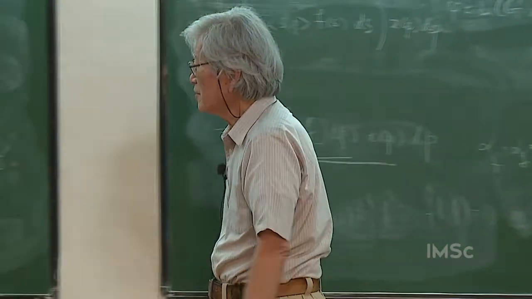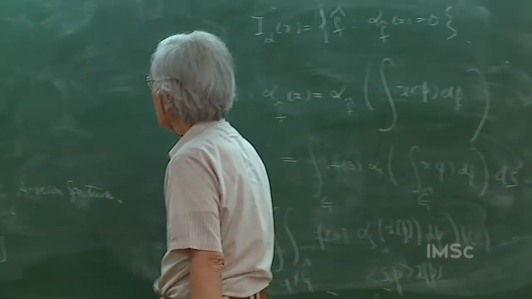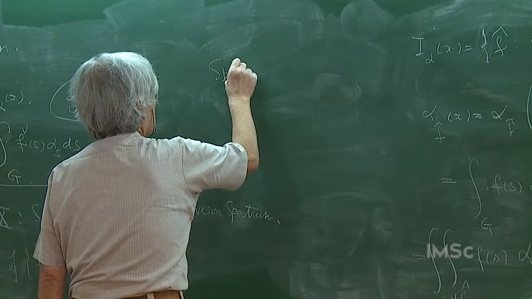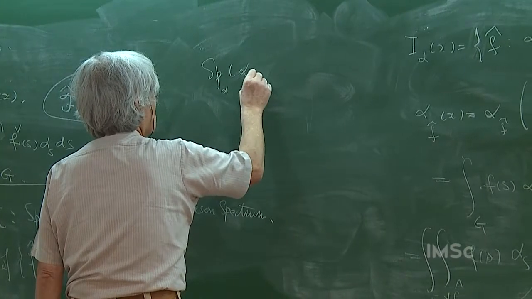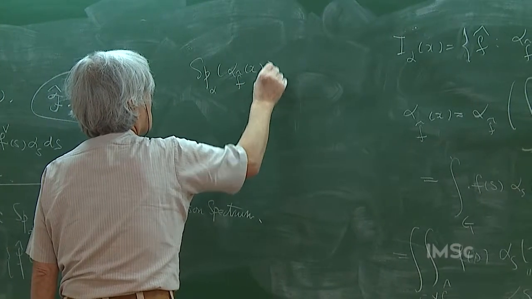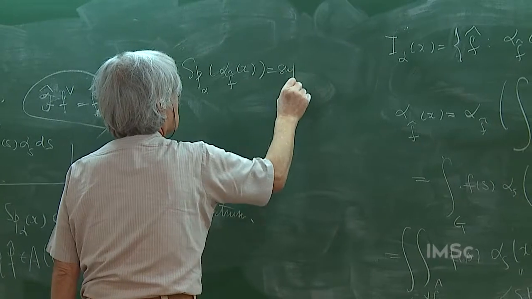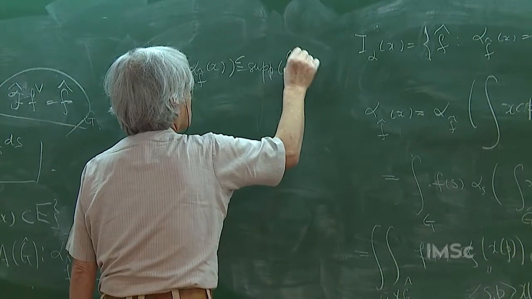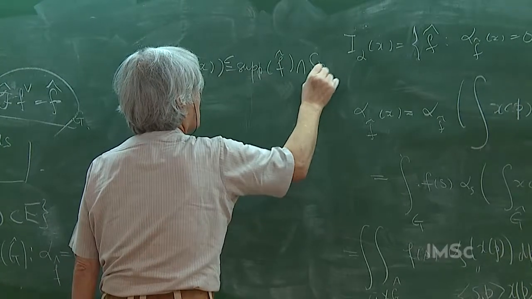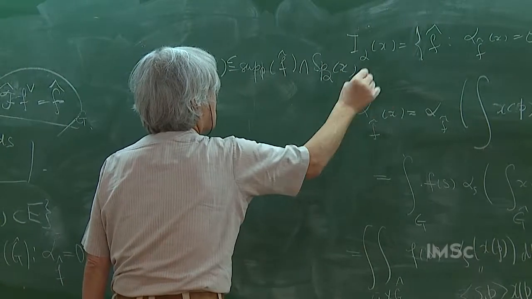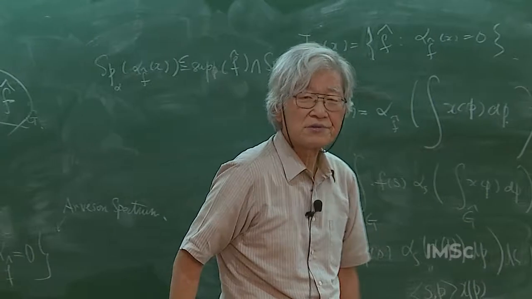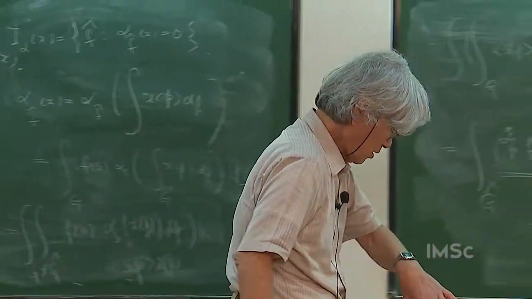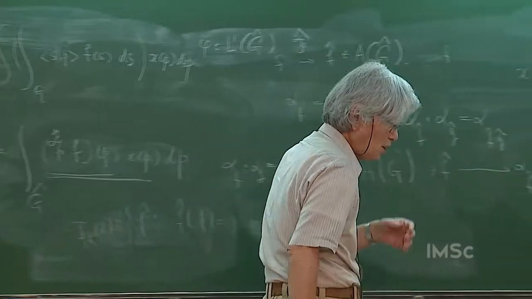The one important thing is that the spectrum alpha of alpha f x is a subset of the support of f hat intersected with the spectrum alpha of x. Okay, those are the notations we need.